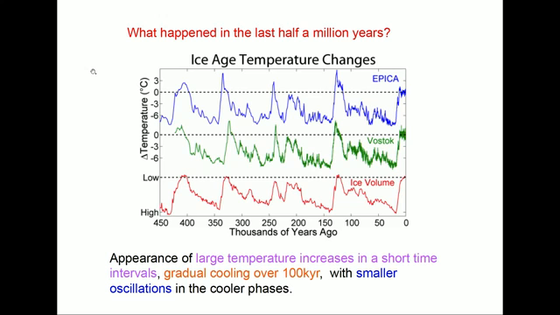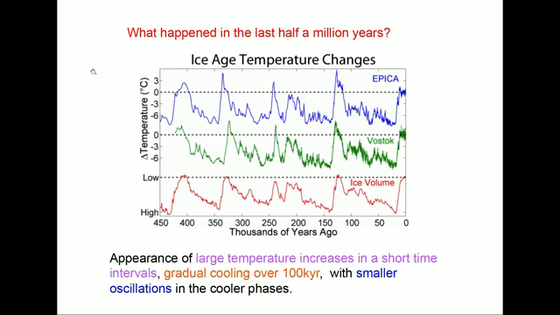Here's the temperature from another ice core called the Vostok ice core, so that allows us independent measurements. Here is an estimate of the ice volume on the Earth by looking at the ice cores, where we've got low here and high here. And what's remarkable about this picture is we see a strong degree of regularity, what we call periodicity, in the climate.